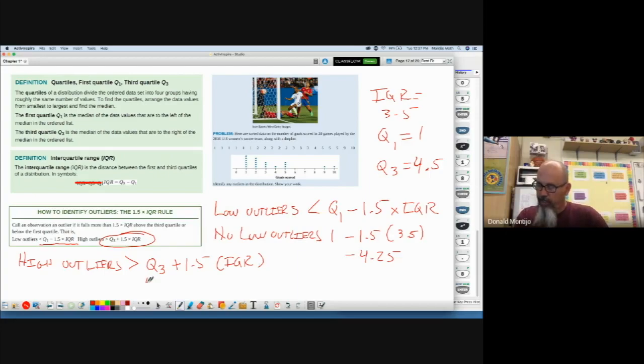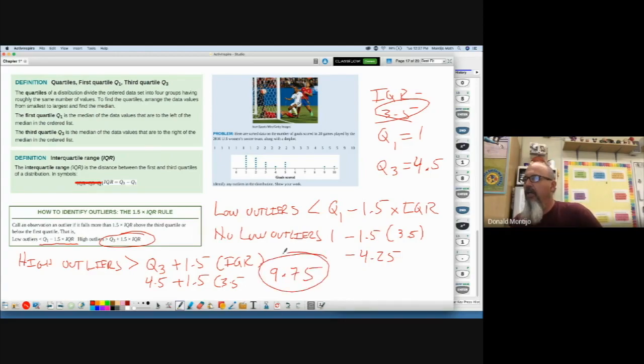So Q3 is 4.5 plus 1.5 times the IQR of 3.5. So that gives us a value of 9.75. Do I have any numbers greater than 9.75? Oh, yeah, I do. So in this case, 10 would be considered an outlier by this IQR rule for identifying outliers.